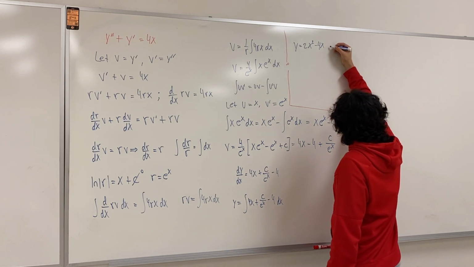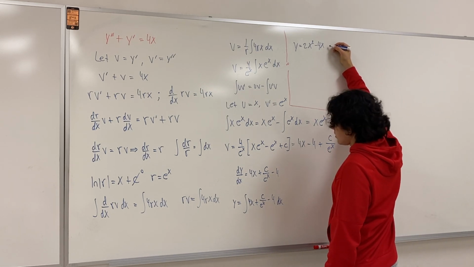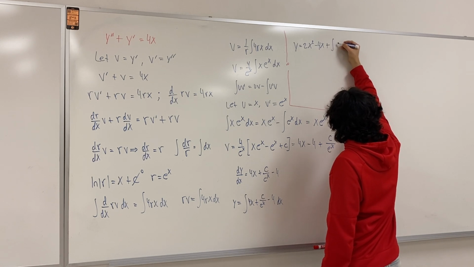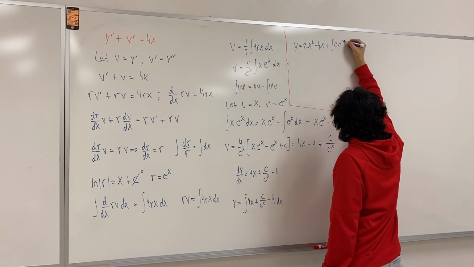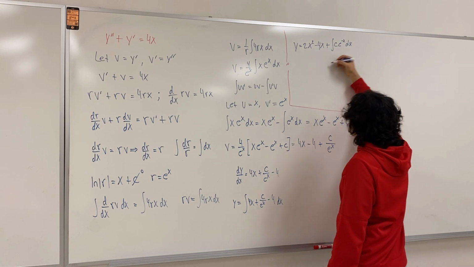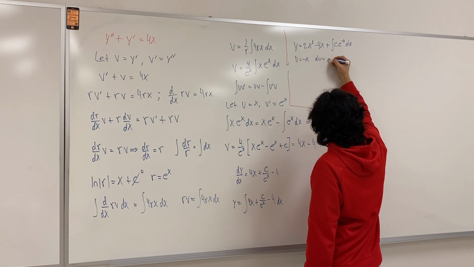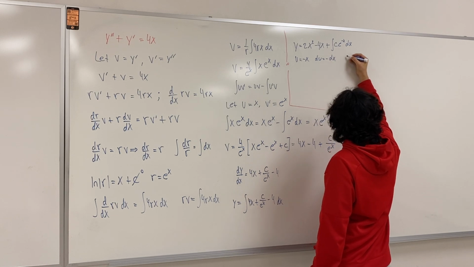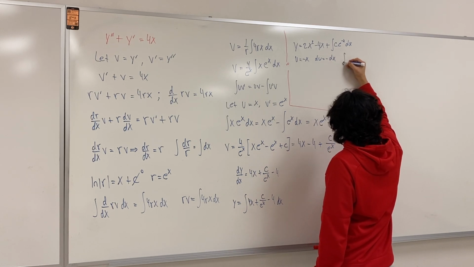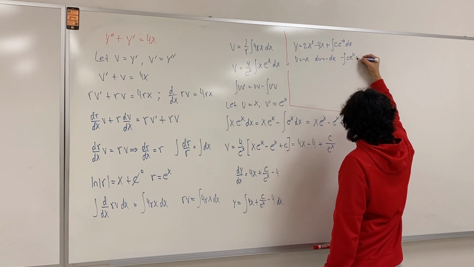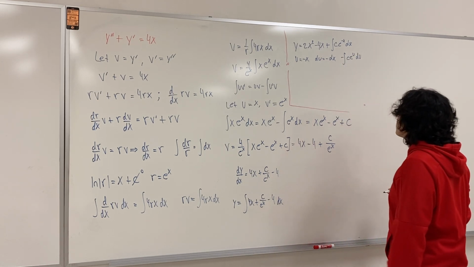But here, just to be mathematically clean, let's say e to the negative x. Then u equals negative x, du is equal to minus dx, and then you would just get the integral of c, e to the u, a minus comes out in front, du, okay?